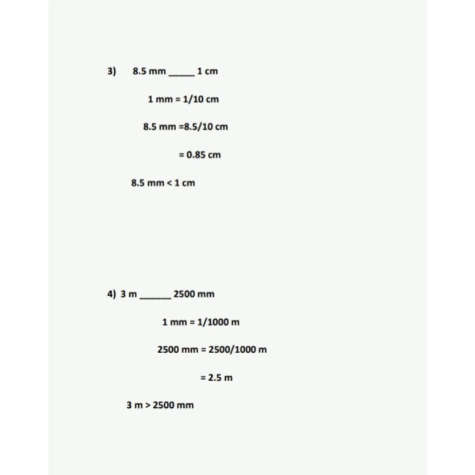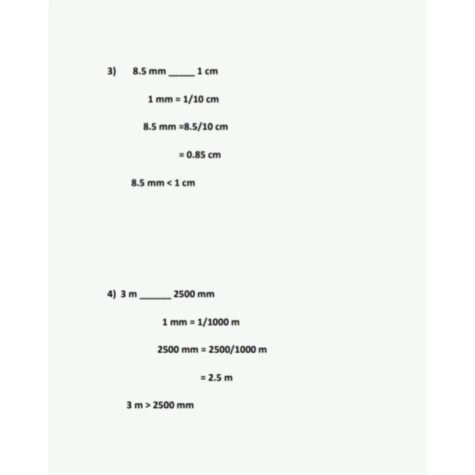Next problem is 8.5 millimeter dash 1 centimeter. When we compare 8.5 millimeter and 1 centimeter, we have to use this formula: 1 millimeter equal to 1 by 10 centimeter.